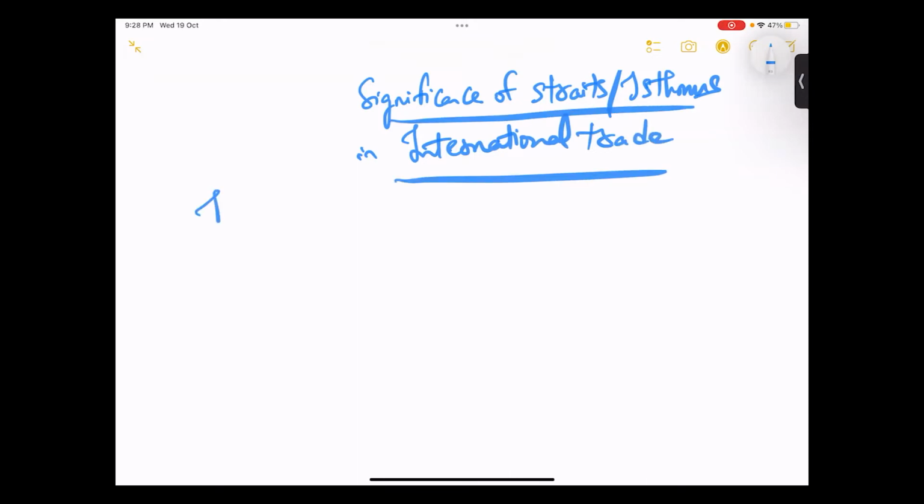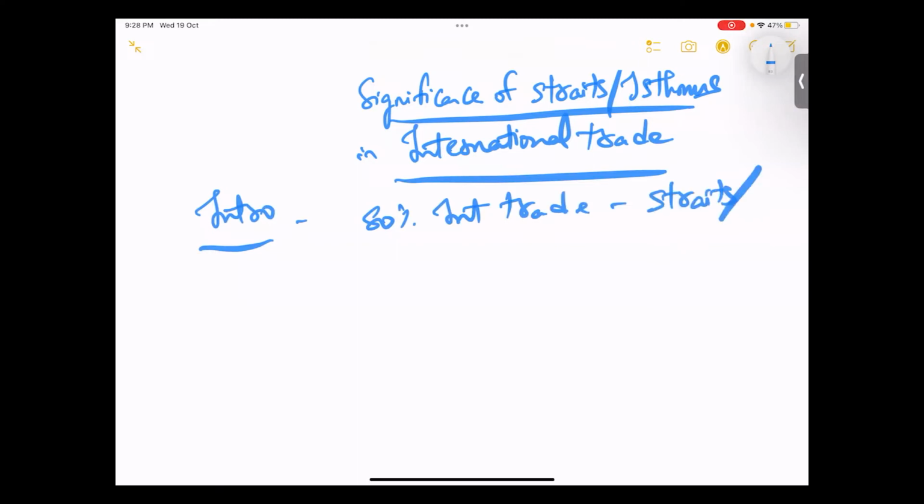So Sumant gave a point saying that close to 80% of international trade happens through either straits or isthmus. And who has given this? UNCTAD, one of the legitimate bodies to speak about the sea trade.